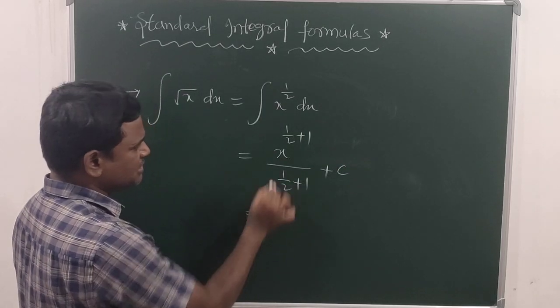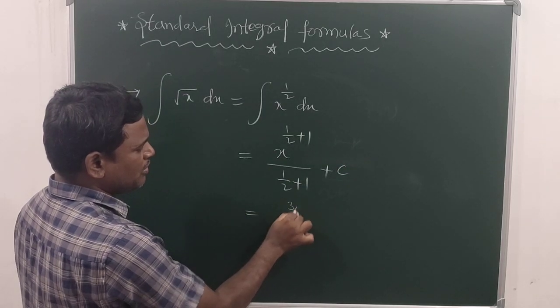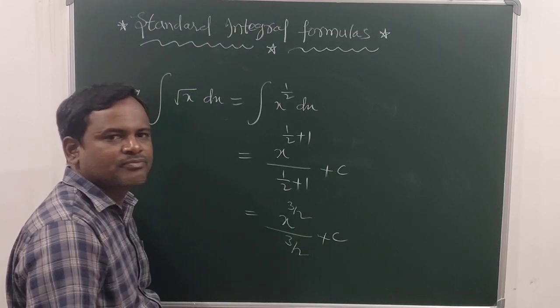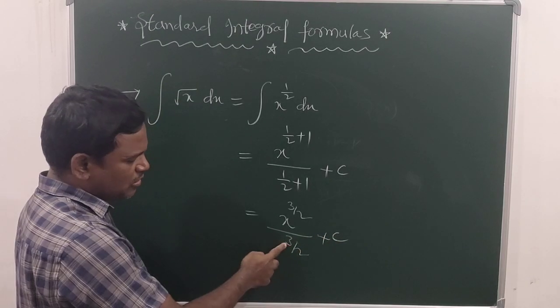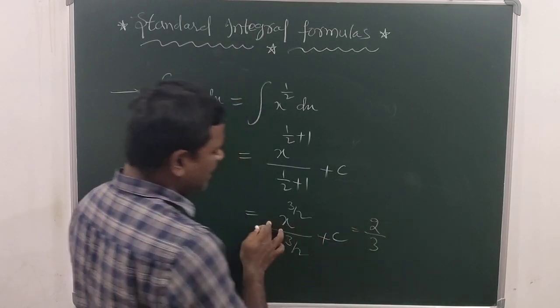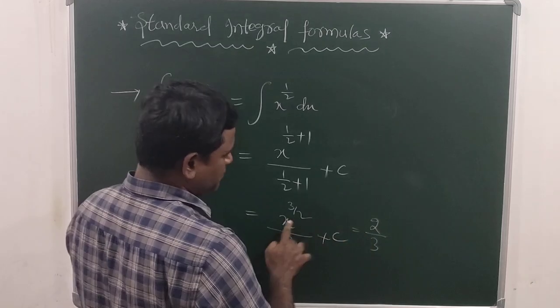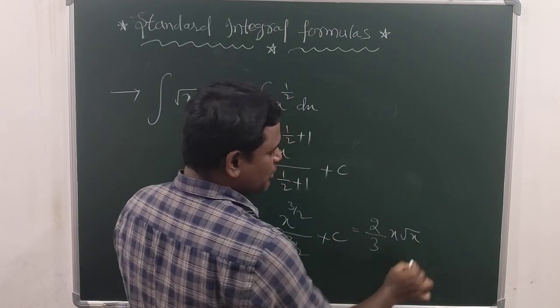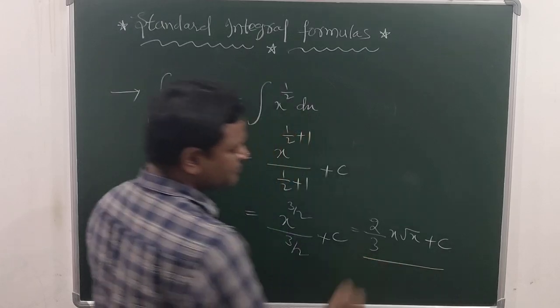Now simplify this. You get x power 3 by 2 by 3 by 2 plus c. Okay students. Now this can be written 2 by 3 into x power 3 by 2. Even if you want, you can write it as x into root x plus c.